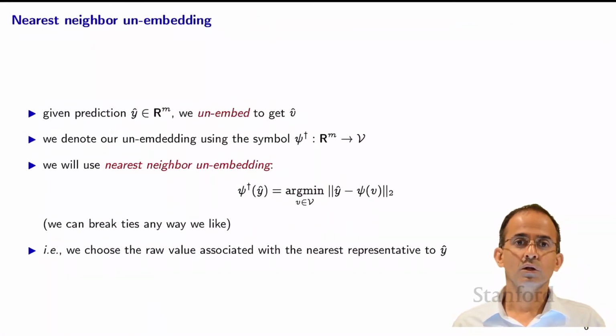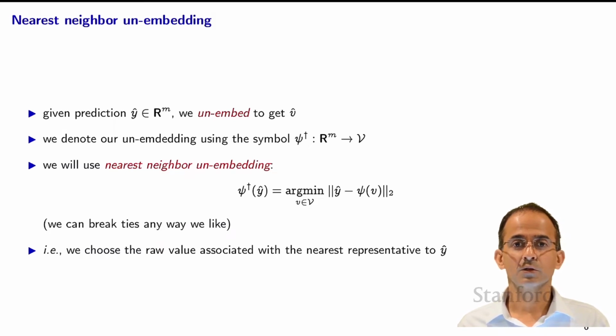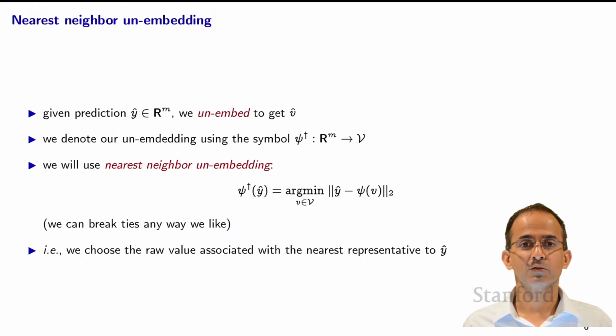The usual unembedding that people choose is the nearest neighbor unembedding. And what it does is it says, well, you've got a y hat, pick out of all the categories in script v, the one such that psi of v is the closest to y hat. So minimize over all little v's in script v the norm of y hat minus psi of v.